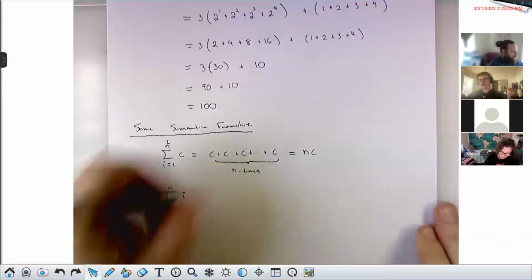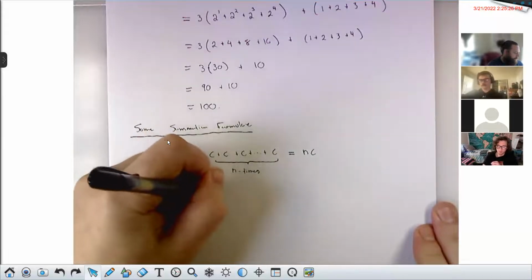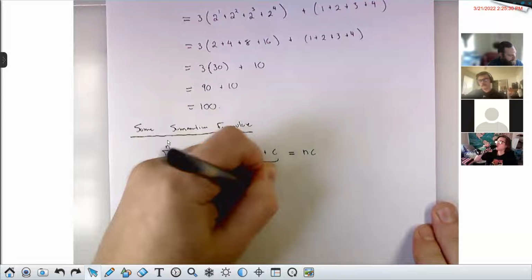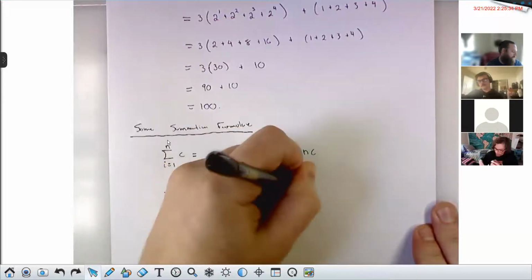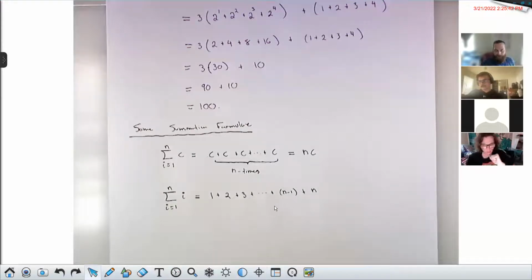And he says, here's how I do it, right? This is 1 plus 2 plus 3, all the way out to, let's see, the second to last term would be n minus 1, and the very last term would be n. It's like if this was the sum from i equals 1 to 10, this would be 1 plus 2 plus 3 up to 10.